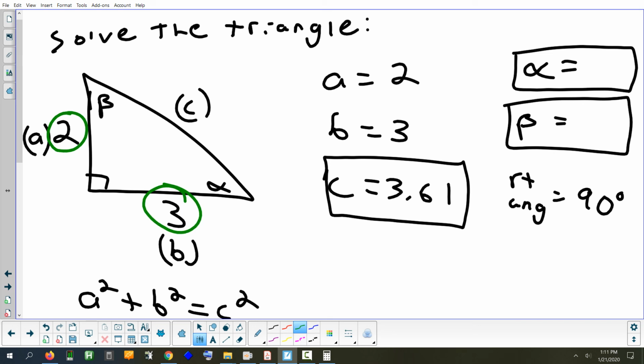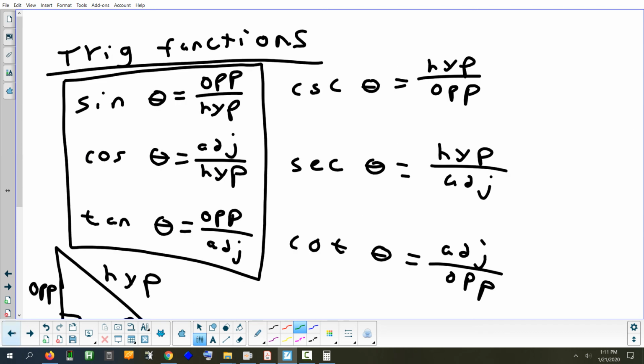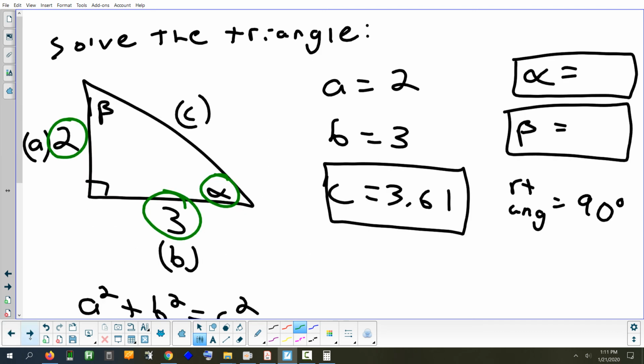First angle I'm going to solve for is alpha. So now is where these trig functions are going to come in. Alpha, 2, and 3. Those are the three things I'm using. 2 is opposite because it's the side furthest away. 3 is adjacent.